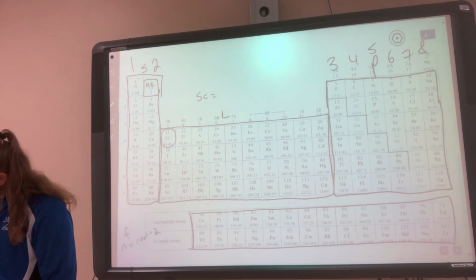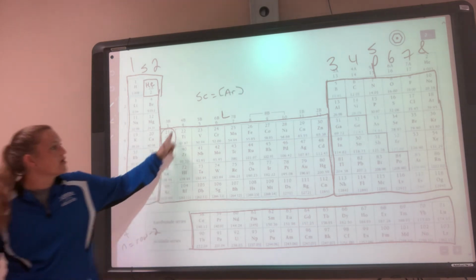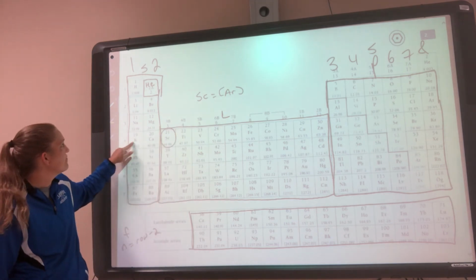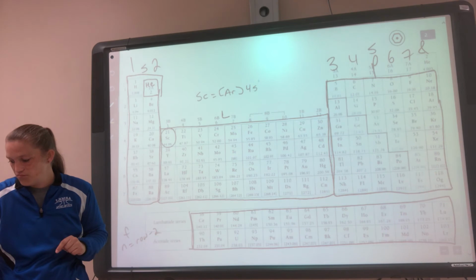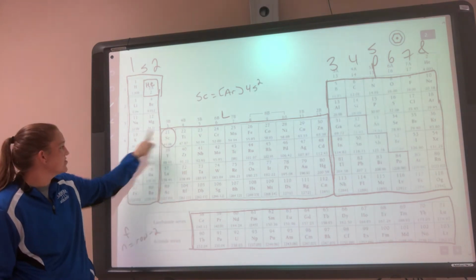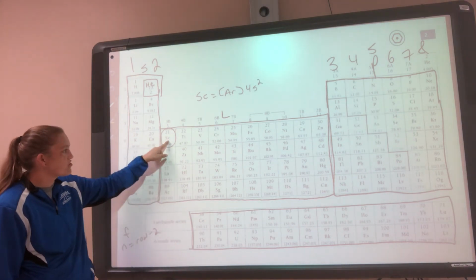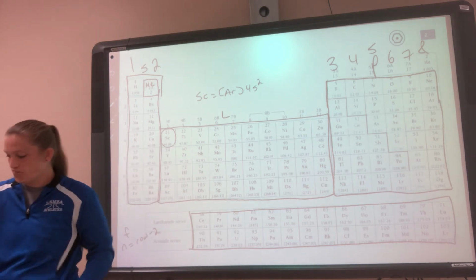We pick the noble gas, which is Ar. Then we're here, 4s2. And then remember it's a d, so it's 1 less. So 4 to 3, 3d1.